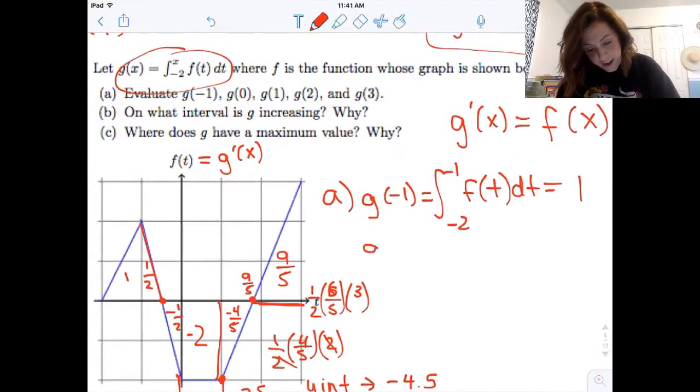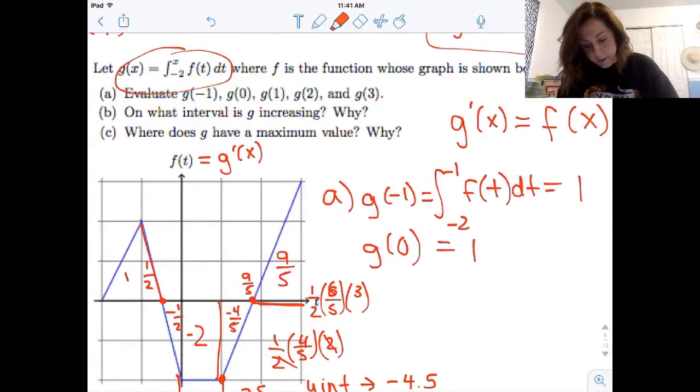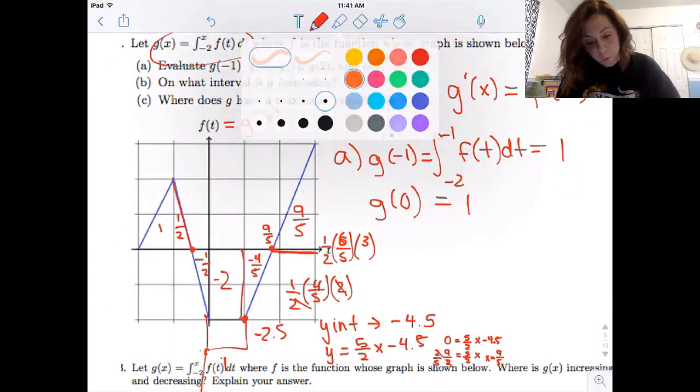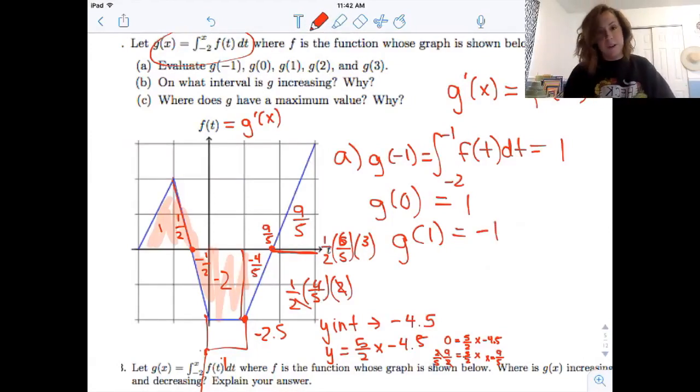G of 0 would also just be 1 because here you're doing 1 plus 1/2 minus 1/2, right? And that's how you're going to do all of these. So you'd continue with G of 1. So we're saying we're going from -1 plus 1/2 minus 1/2, that's just 1. Add in another -2, so that's -1, right? And you could keep going from there. So that would be how I would calculate part A.